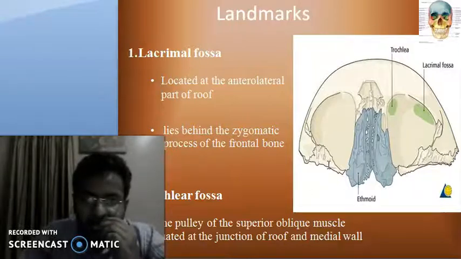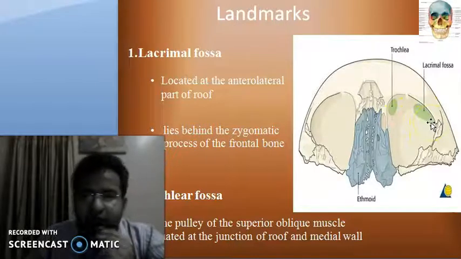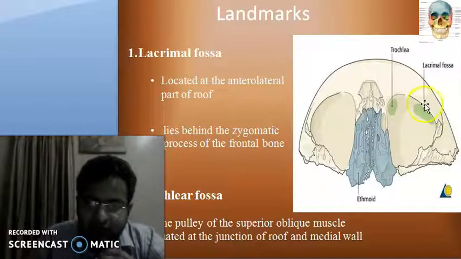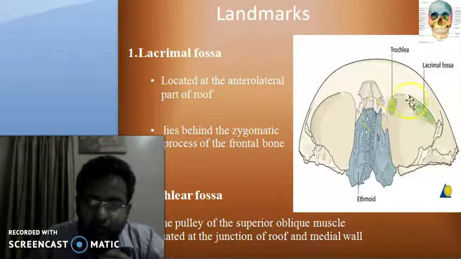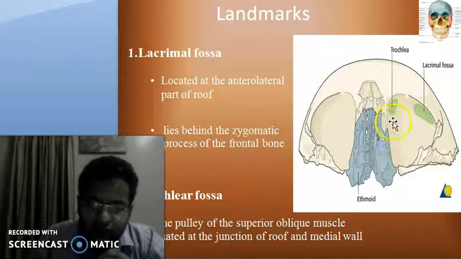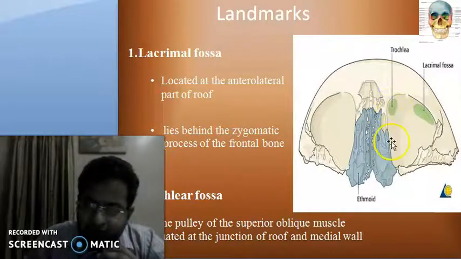The landmarks in the roof are the lacrimal fossa, located at the anterolateral part of the roof, lying behind the zygomatic process of the frontal bone, in which the lacrimal gland is situated. The trochlear fossa, the pulley of the superior oblique muscle, is situated at the junction of the roof and the medial wall.